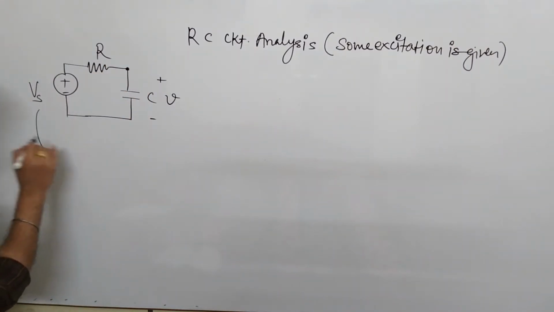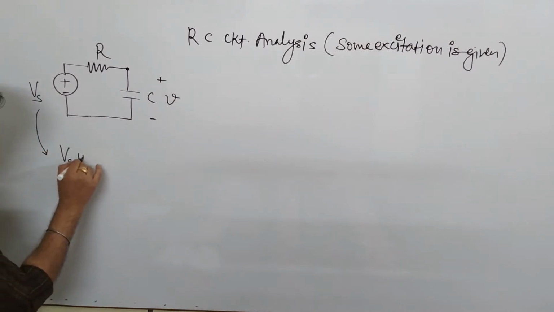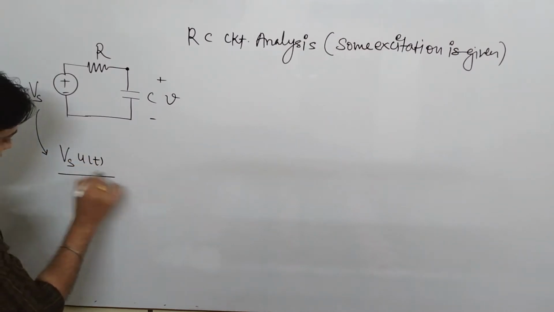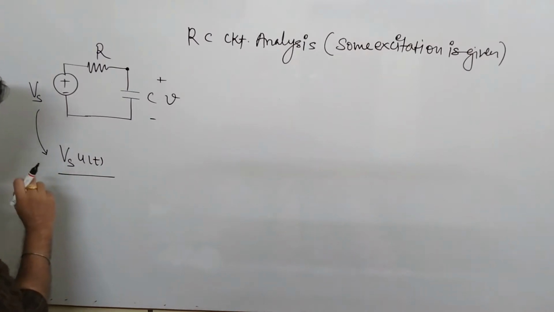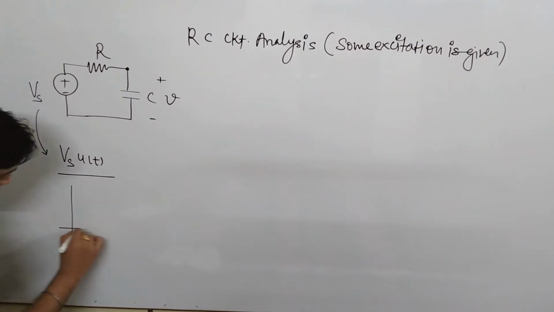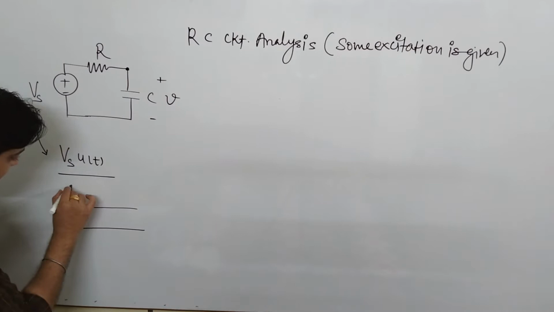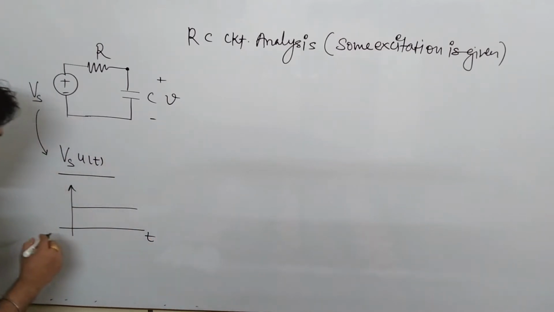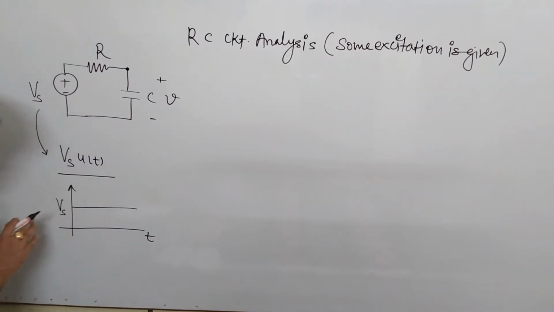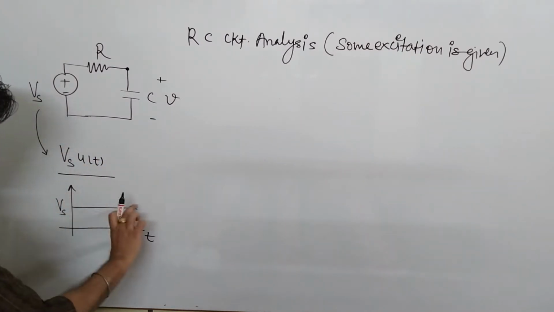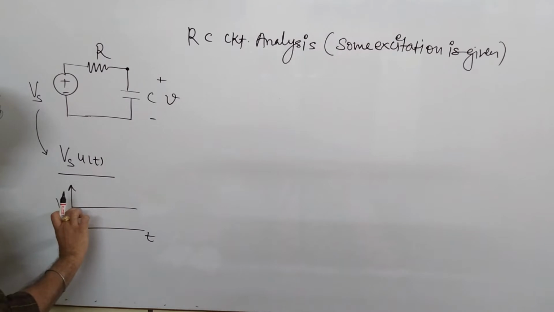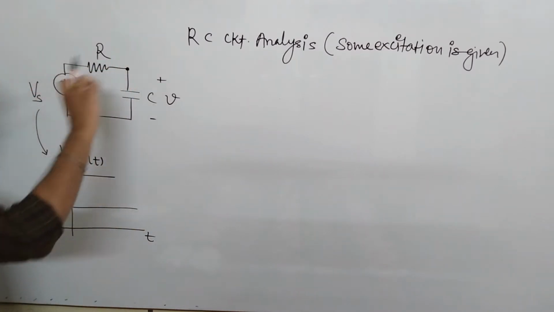Here this Vs is basically Vs u(t). Very important thing: Vs u(t) represents that the DC voltage Vs is applied in the circuit, so a DC source of Vs u(t) is applied here.